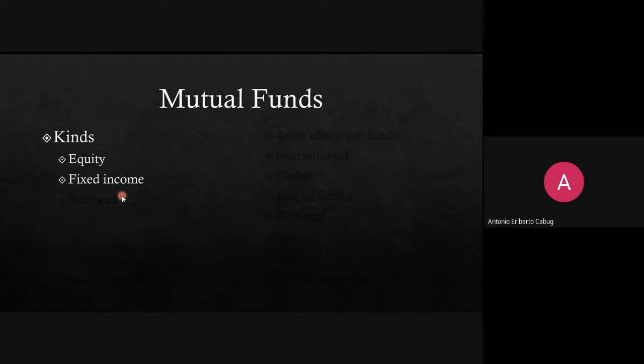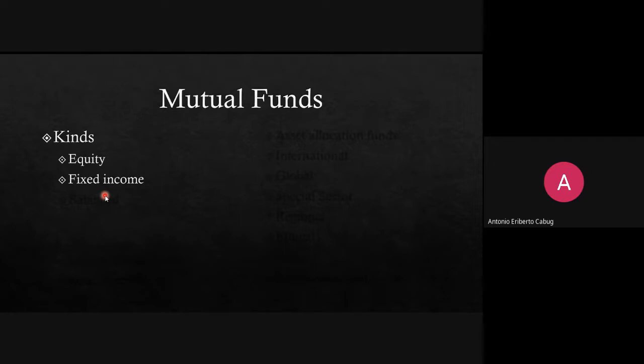So it boils down to what kind of securities are seen in the portfolio. Doon sa portfolio ng mutual fund, anong klaseng securities meron? Equity funds, common stocks, sometimes preferred stocks. Fixed income, it would consist of bonds and money market.